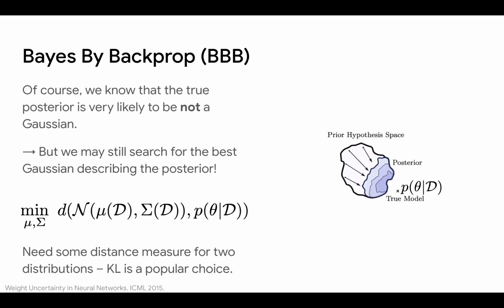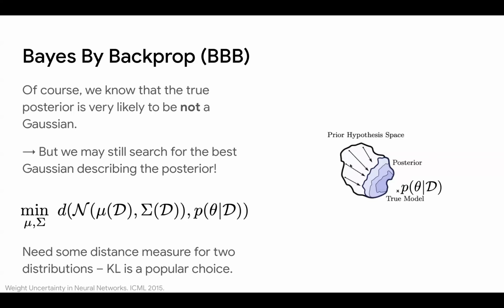Okay, so there's a technique called Bayes by backprop. The starting point is the observation that, yeah, we can model the posterior with Gaussian, but it's not likely to be a Gaussian anyways, right? It's going to be much more complex. So what we can actually do is to minimize the distance between the true posterior and the Gaussian.